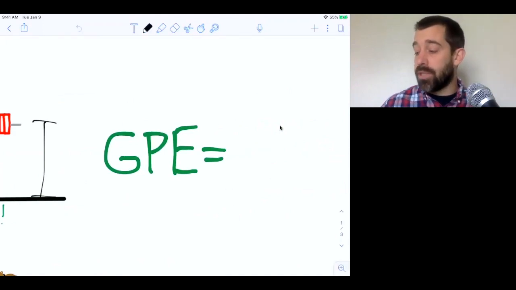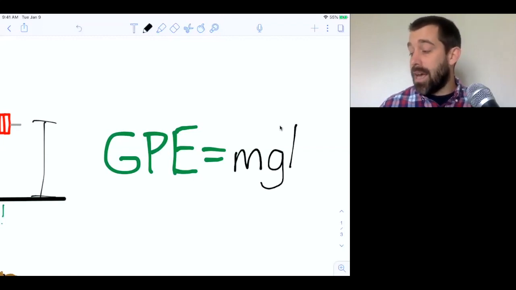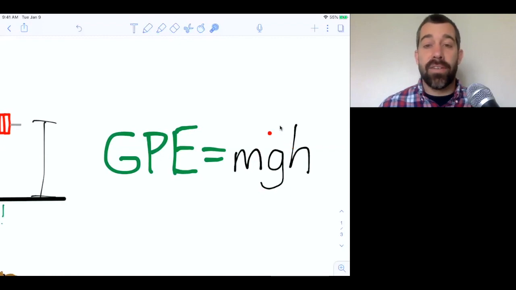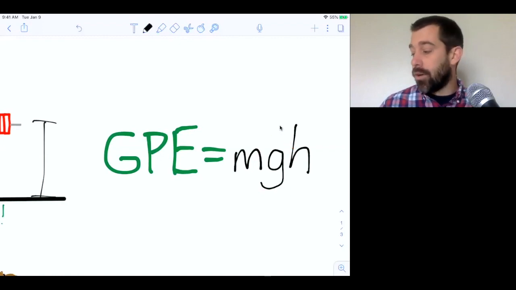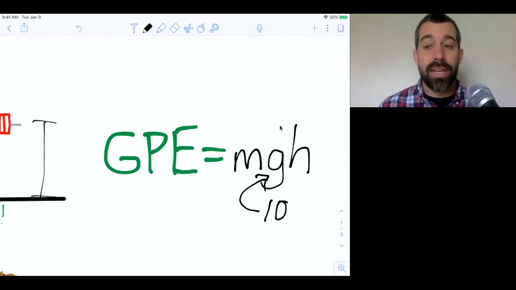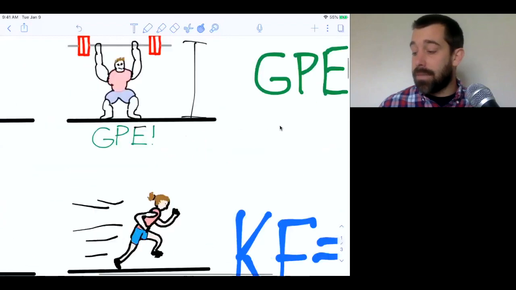In order for an object to have gravitational potential energy, it must have mass, there must be some gravity, and it must be lifted to a height. Remember that in this case, m is the mass in kilograms, g is the gravitational constant on Earth, which is always an acceleration of 10 meters per second squared, and then h is going to be the height.